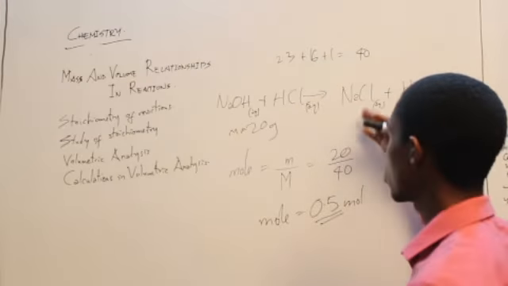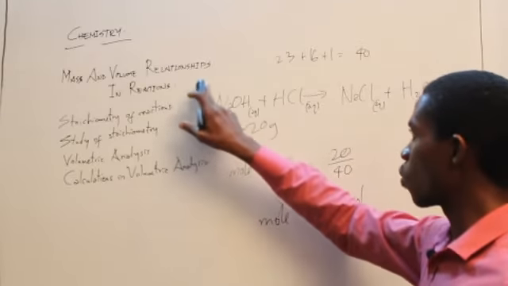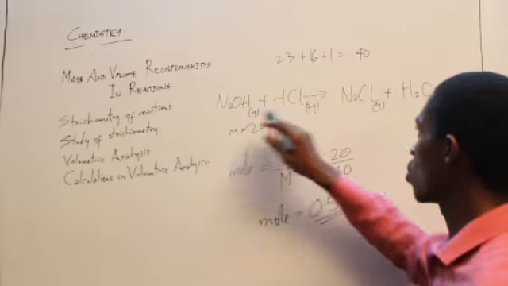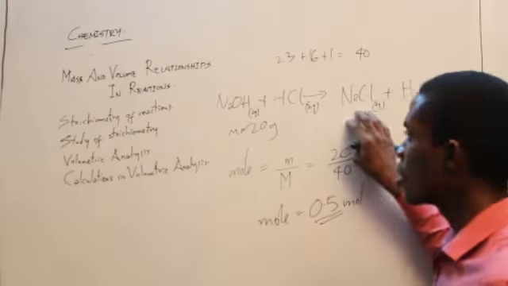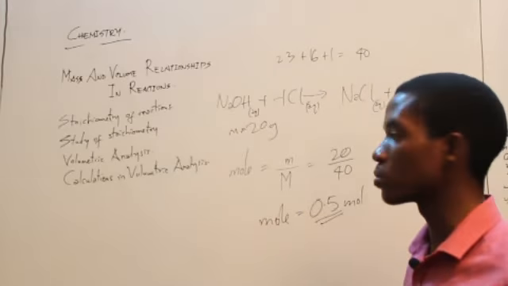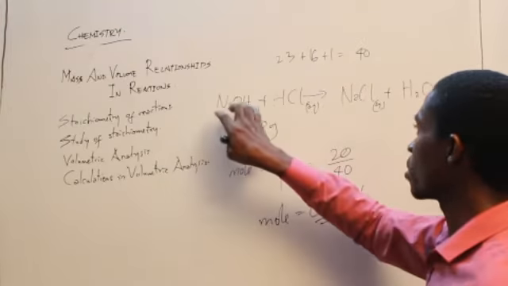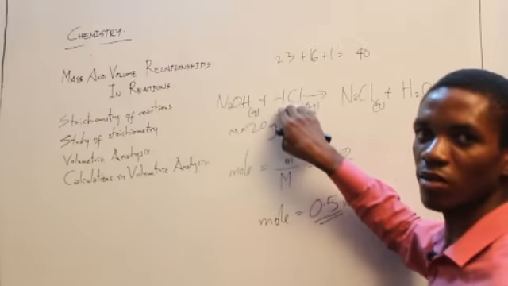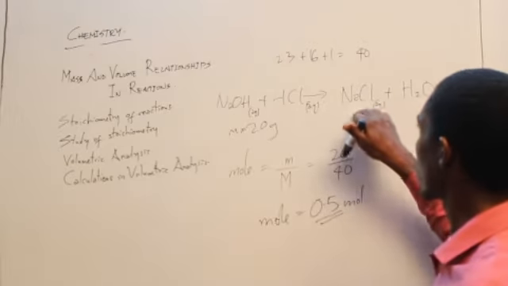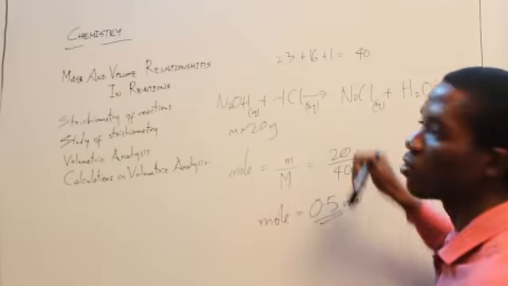Since one is here, one is here, one is here, one is here, that means one of each of these will produce one of both of these. So it automatically means we have 0.5 of this, which means we need just 0.5 of this, and 0.5 of this would be produced. So we can go ahead and calculate the molar mass of sodium chloride.